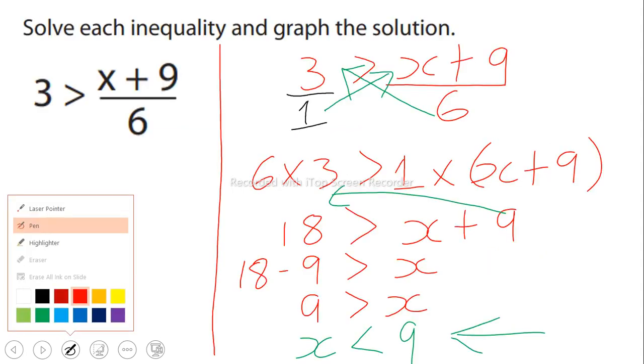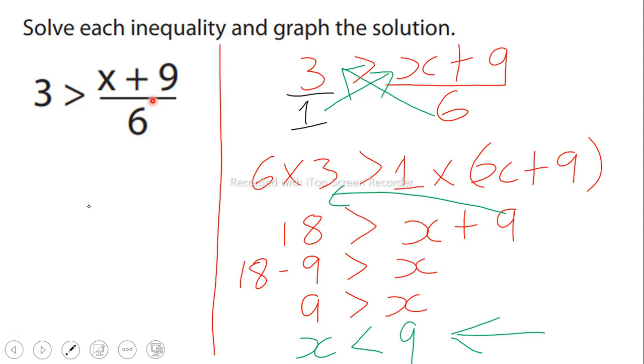Here, we had a fraction, but for this one, we were able to cross multiply because this term had one denominator. So x plus 9 had one denominator, and this is one single term, so all we need to do is cross multiply.